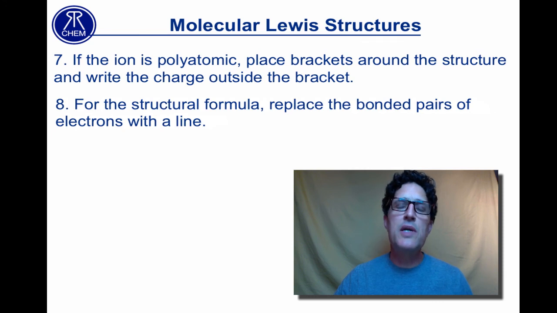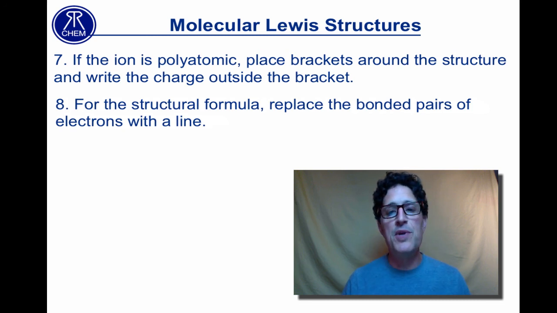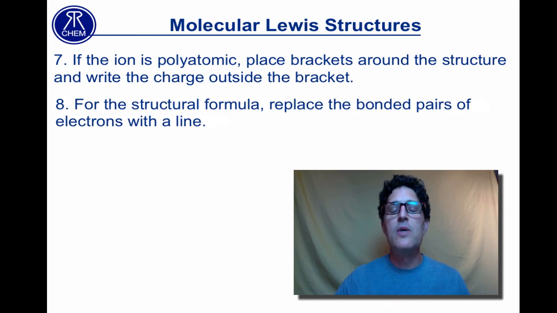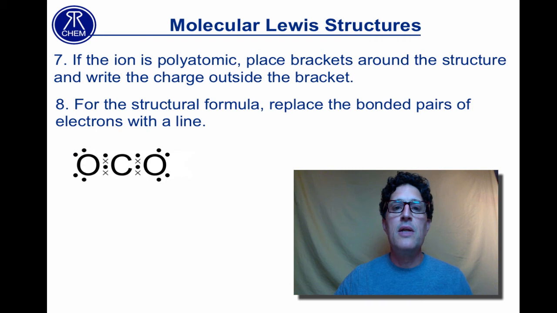There are 2 ways to convey 2-dimensional diagrams of molecules. One is the Lewis structure, and one is what's called the structural formula. When we're using the structural formula, which is probably what you're mostly familiar with, we replace the bonding pairs of electrons with a line. So I've got my Lewis structure of carbon dioxide. And you can see there I've got 2 pairs of electrons involved in the bonds.